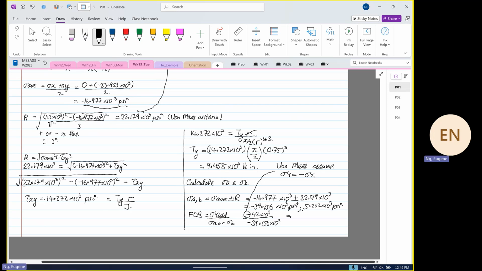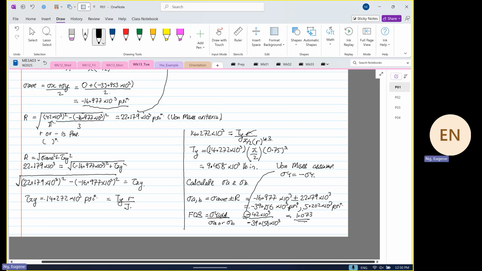So the factor of safety, 42 divided by 39.156, is equal to 1.073.